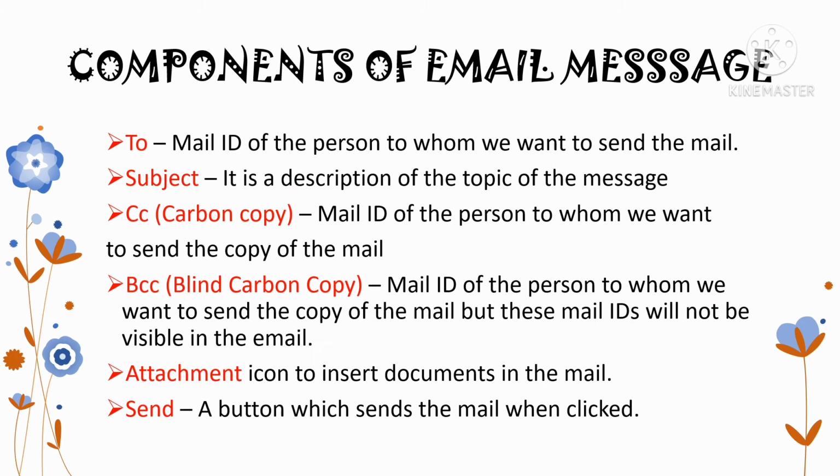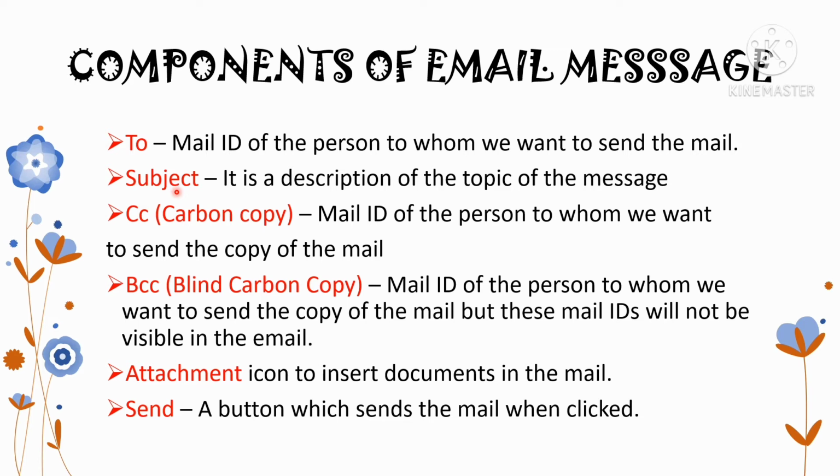In this slide we are going to see the components of an email message. The fields are To, Subject, CC (carbon copy), BCC (blind carbon copy), Attachment, and Send. In the To field, we fill in the mail ID of the persons we are sending the mail to. In the Subject field, we fill in the topic of the message.